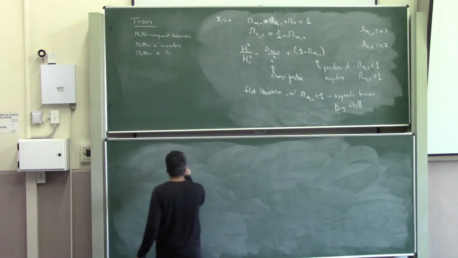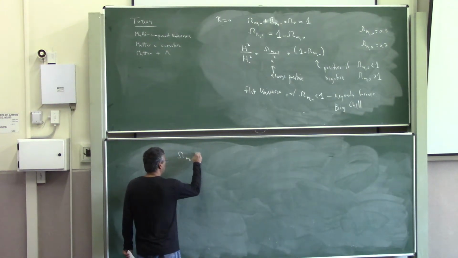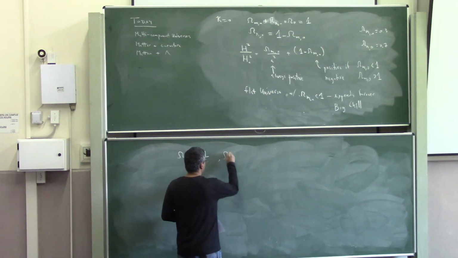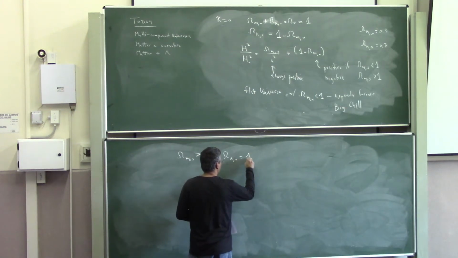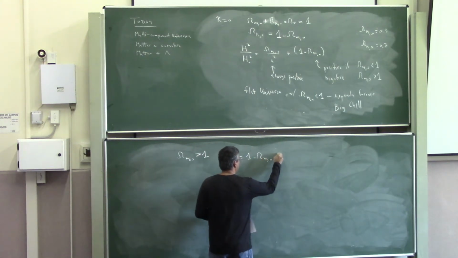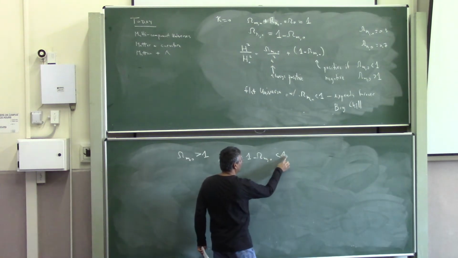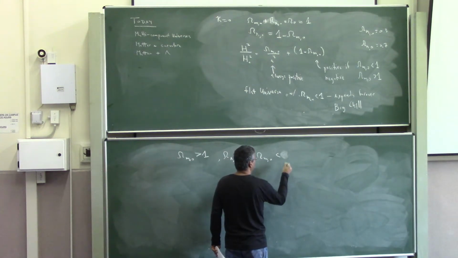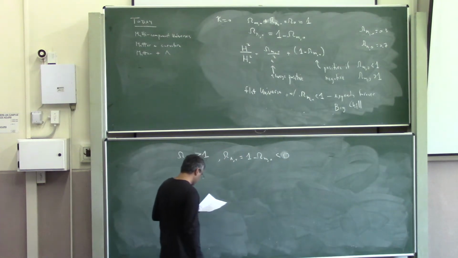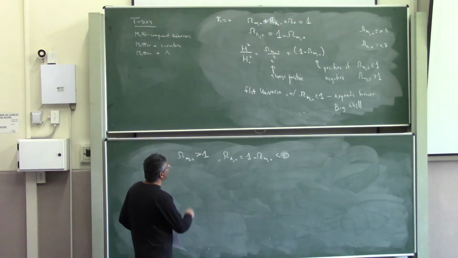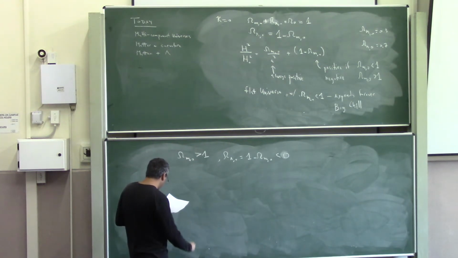Okay, suppose, on the other hand, omega m0 was bigger than 1. Then omega lambda 0, which is 1 minus omega m0, is smaller than 0. So we have two terms on the right-hand side with opposite signs as a result.